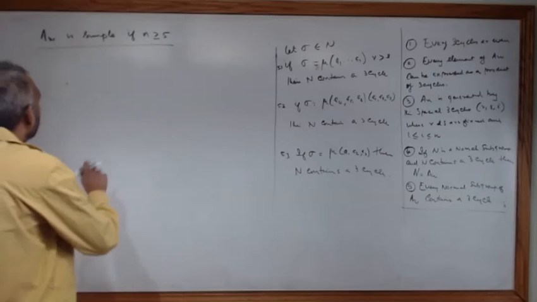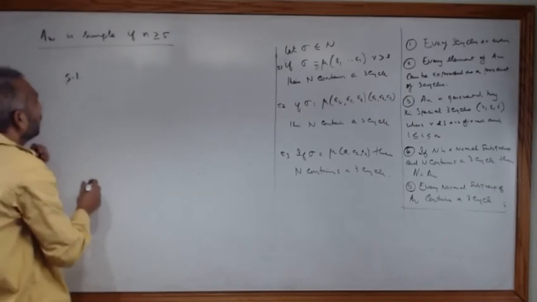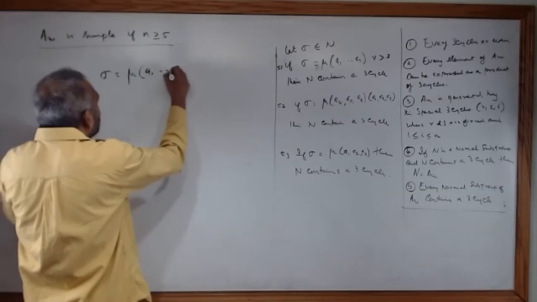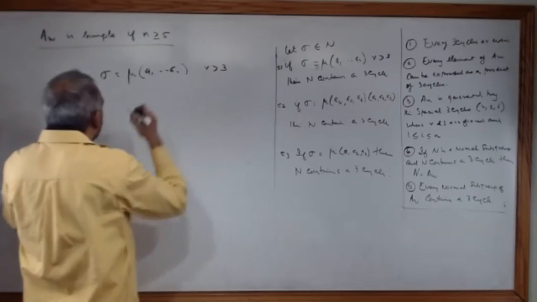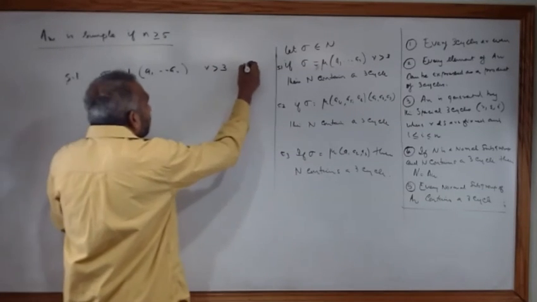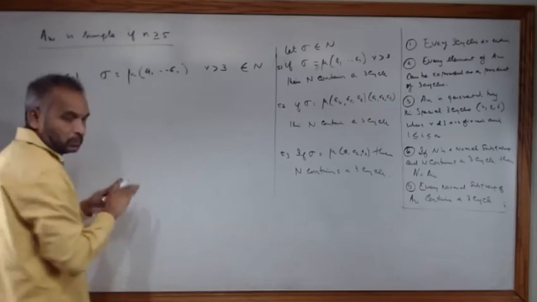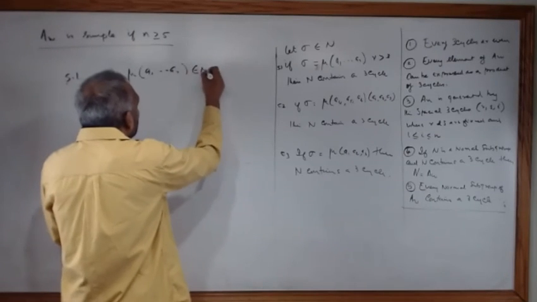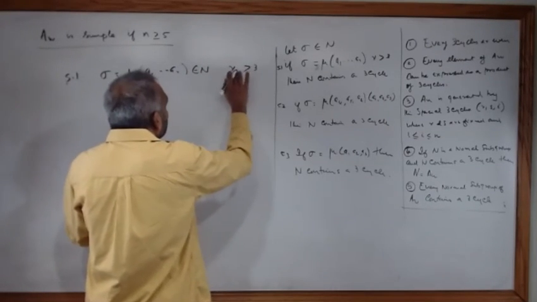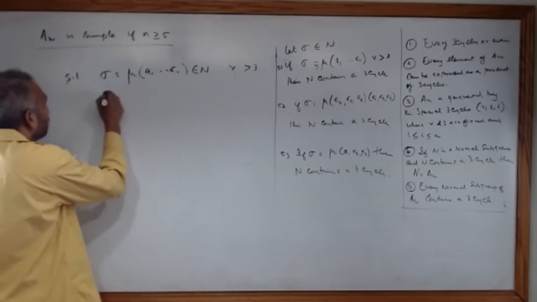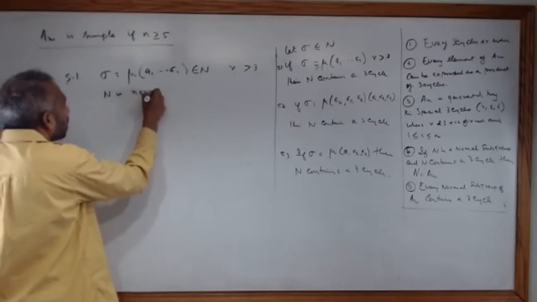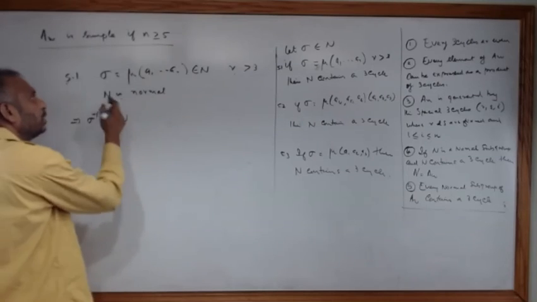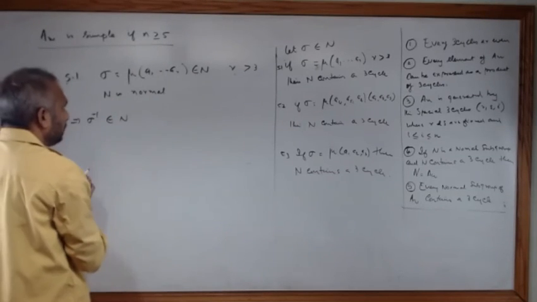So let us take the first one, 5.1. Sigma equals mu times (a1 ... ar) with r greater than 3, and this belongs to N. That is the assumption. And one more assumption is N is normal. This implies sigma inverse belongs to N because it's a subgroup, so its inverse has to be there.